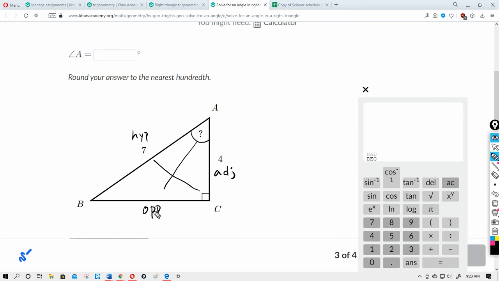Okay, we're not given opposite, so you can cross it off. We need the formula for hypotenuse and adjacent. Hypotenuse and adjacent is cosine. Adjacent over hypotenuse.